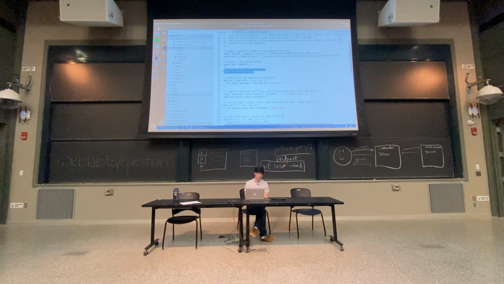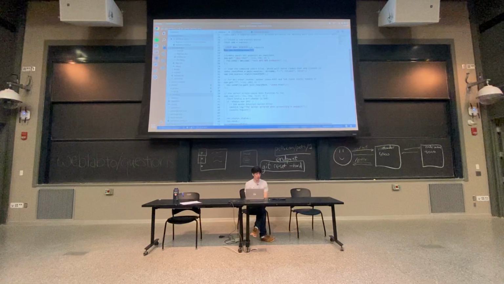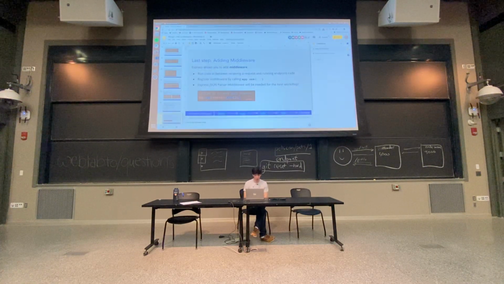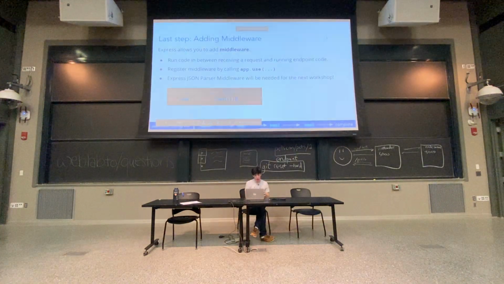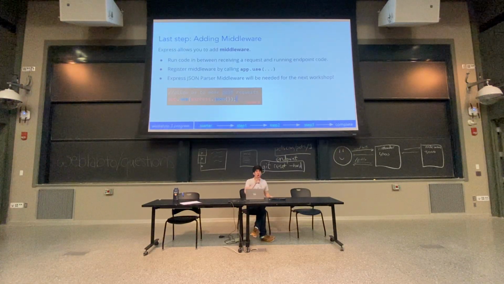Technically a comment, but I'm using this thing called app.use, and I pass in something called express.json. Don't really worry about what it's doing, but I want to show you what this app.use kind of means. So, the last thing I want to talk to you about is if you ever hear the word middleware, don't be worried.